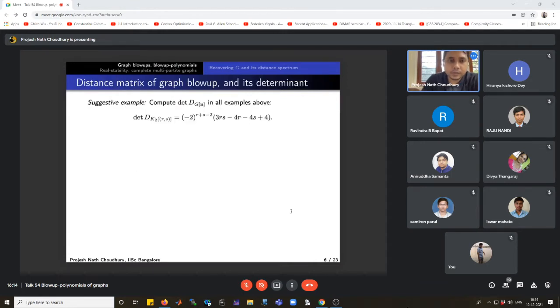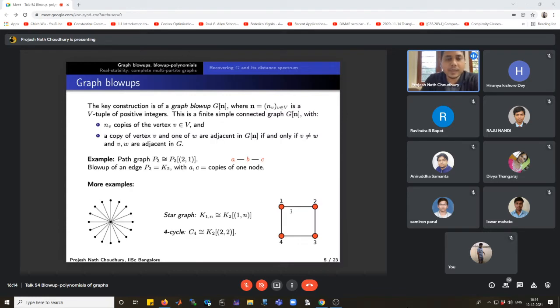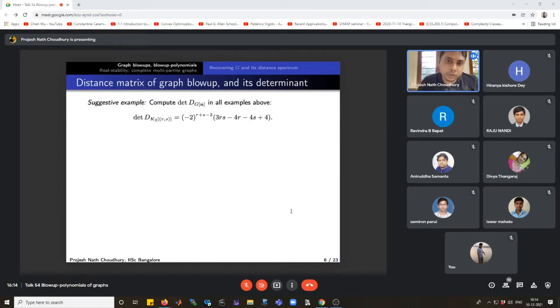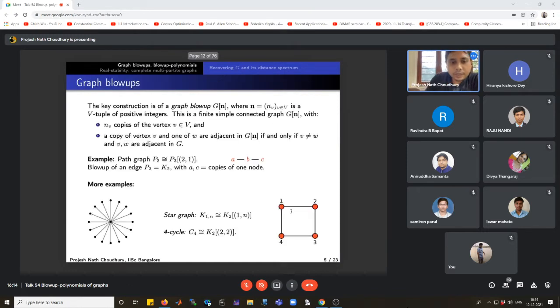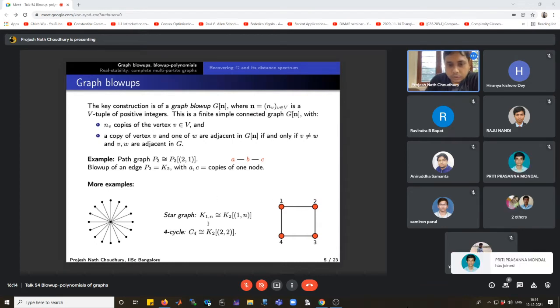As I said, I am interested in looking at the determinant of the distance matrix of the blowups of this graph. For this family of graphs, one can explicitly calculate the determinant.